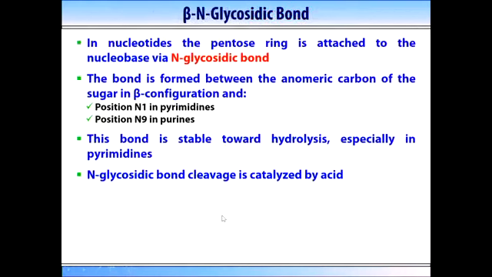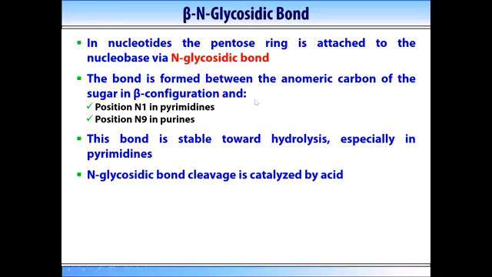Okay, so how are they connected? Last time, when we were talking about two monosaccharides making a disaccharide or even a polysaccharide, we were mainly talking about the O-glycosidic bond, right? That's when the connection between the two sugars occurs through the oxygen atom.